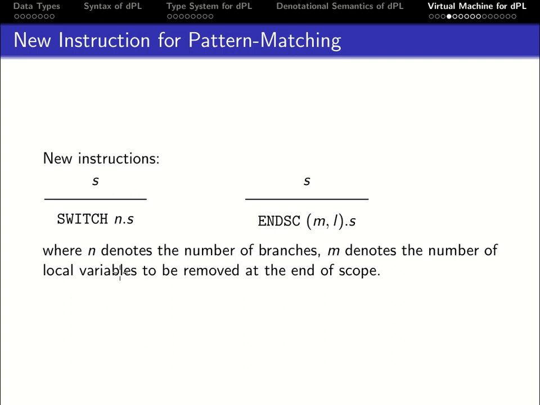Remember? So the environment now is an array. We don't go from variable names to values. We assign numbers to those variable names, and it's a simple array. We're going from indices to values. So whenever we enter a switch, there's going to be a number of variables in the pattern.